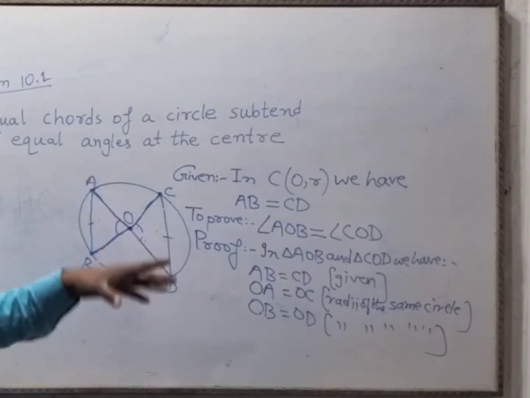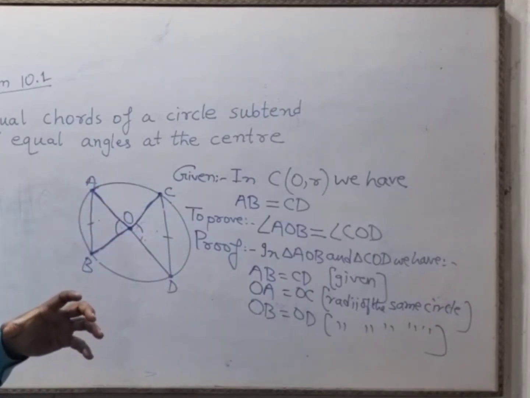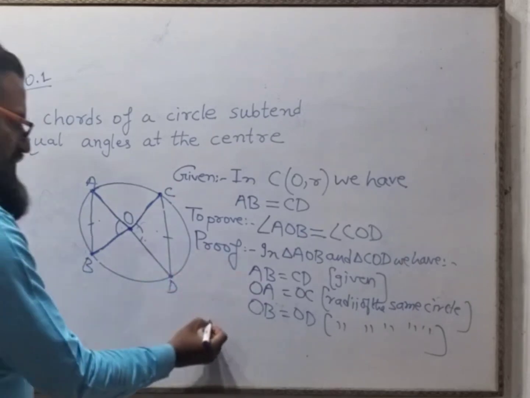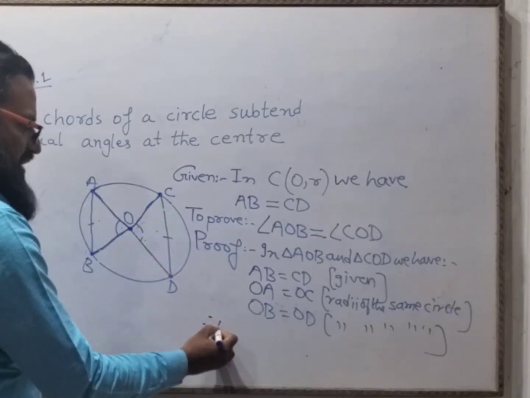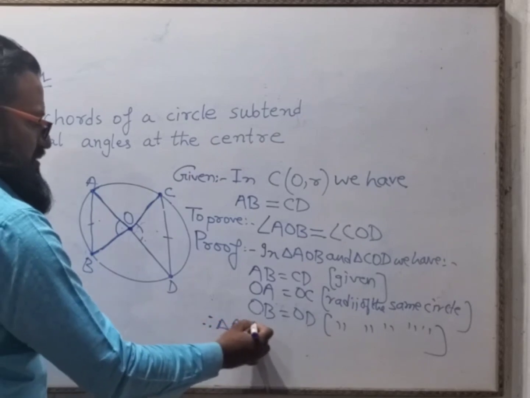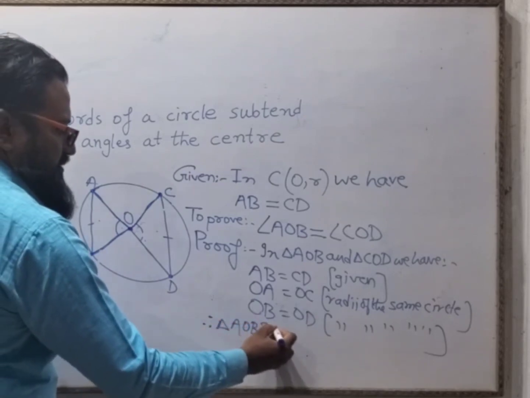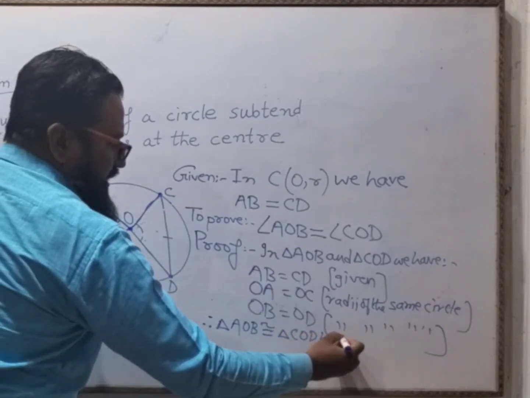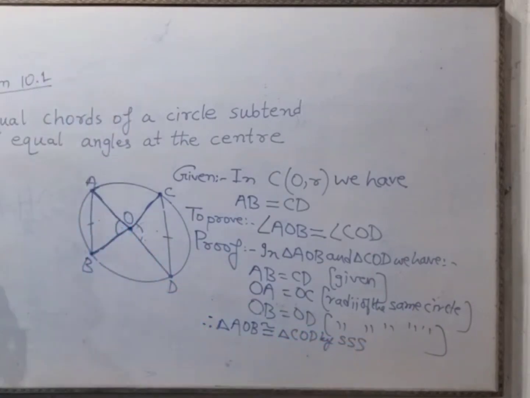So these triangles are congruent by SSS. Okay. Now we will write therefore triangle AOB congruent triangle COD by SSS. Okay, got it?